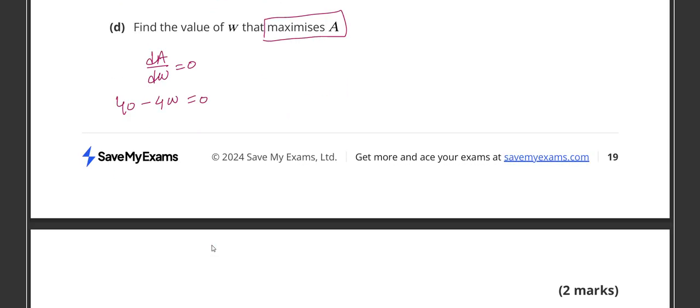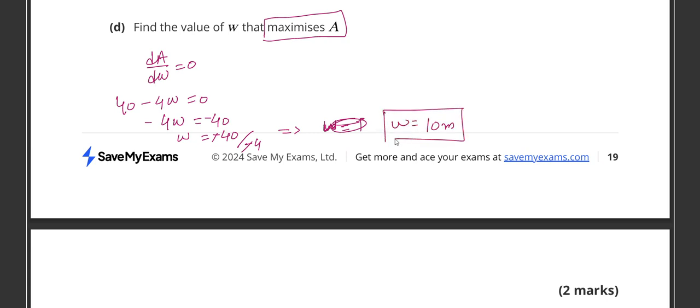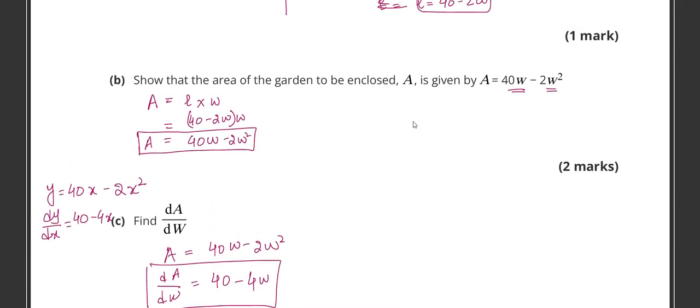So 40 minus 4W is equal to 0, and here you can write down that minus 4W is equal to minus 40, so W will be equal to negative 40 over negative 4, the minuses cancel out, and W will be equal to 10 meters. Is that clear?